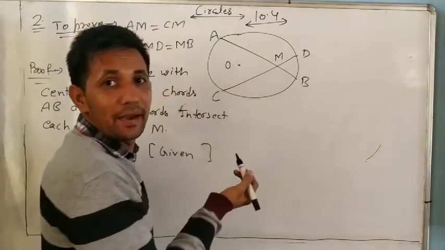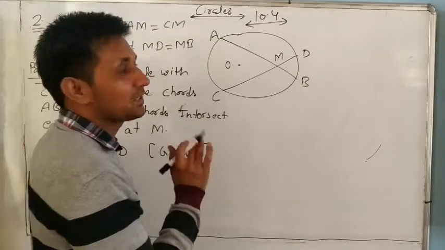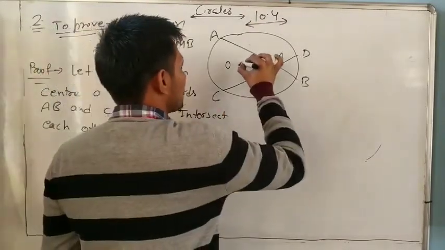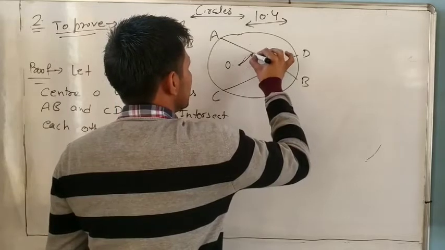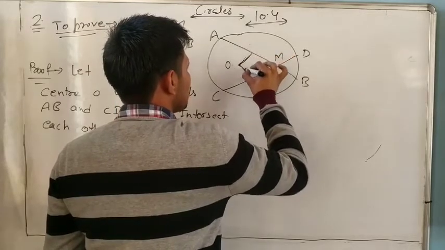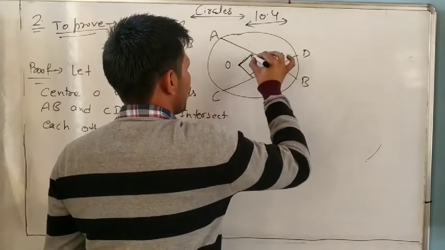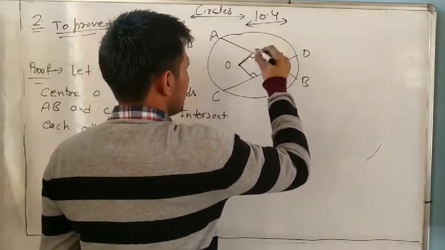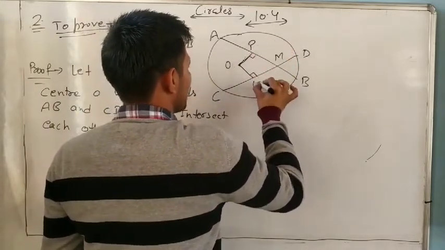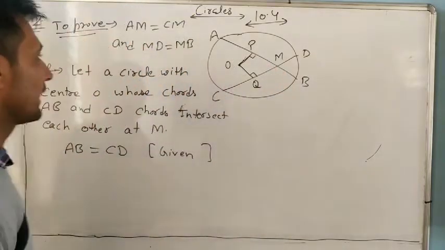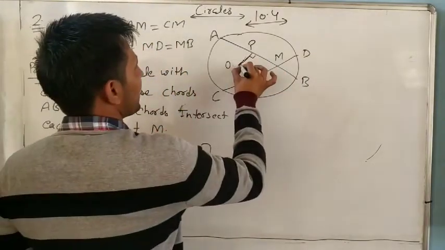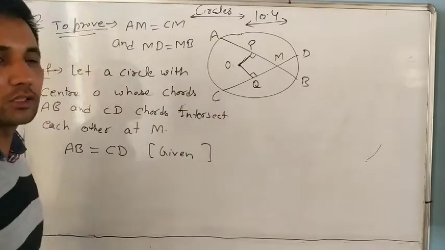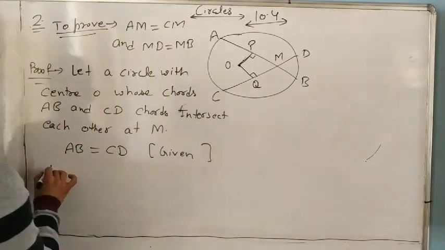Can we draw the perpendicular from the center to the chord? Yes, why not. Suppose these are P and Q. So we will take the perpendicular from the center to the chords.